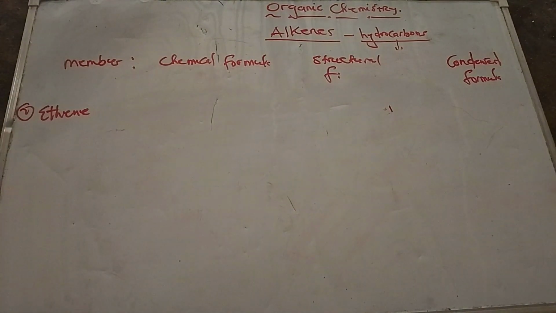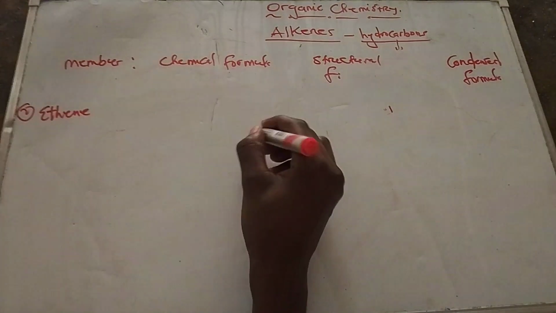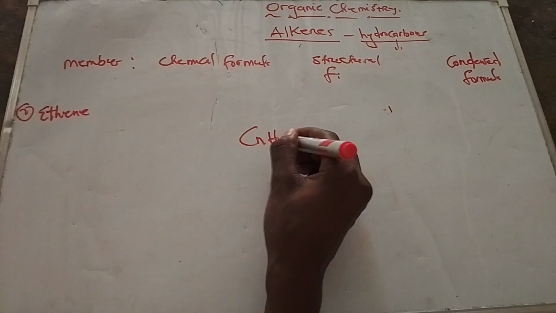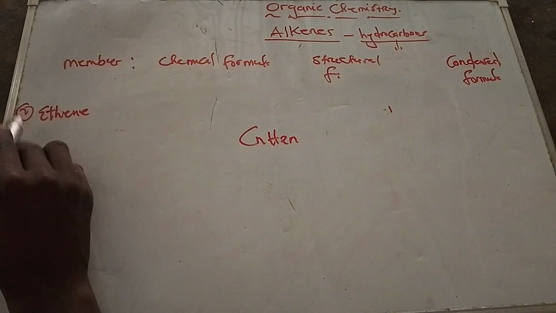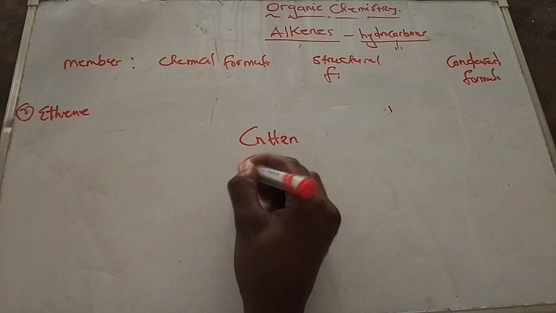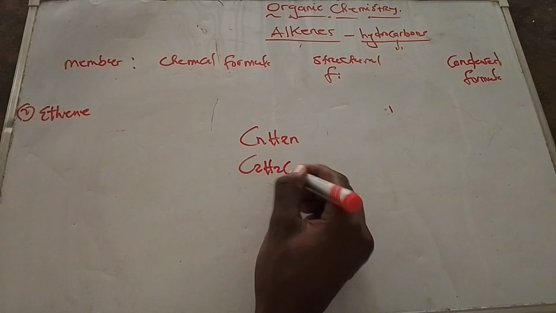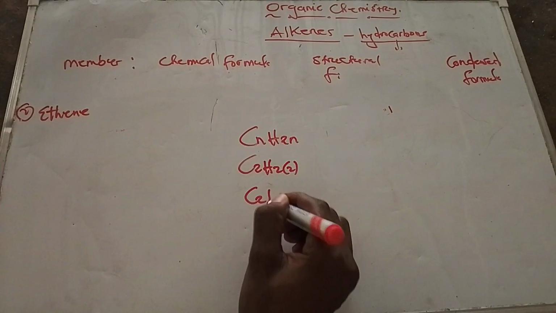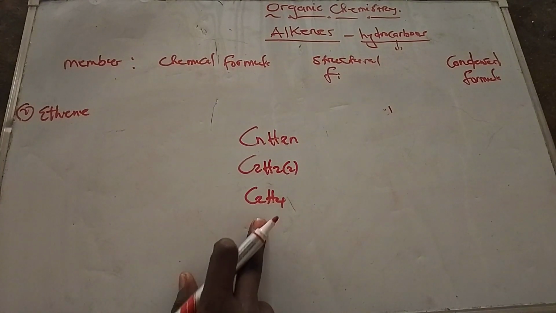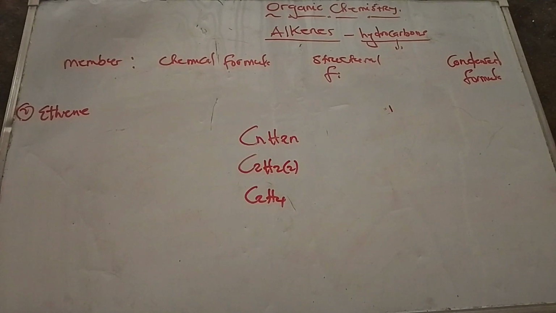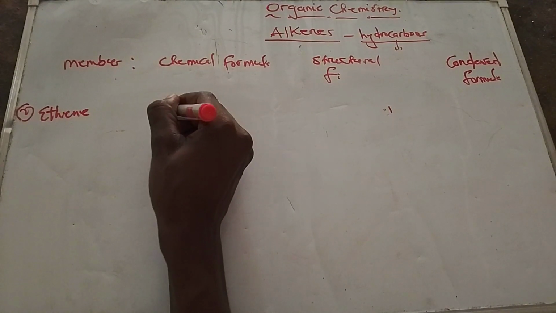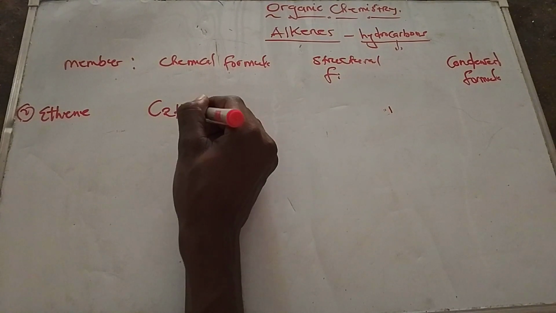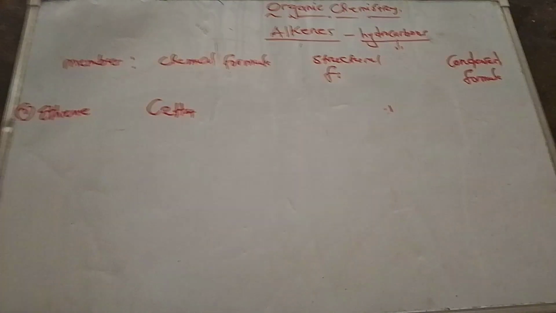Now for the chemical formula, we use the general formula CnH2n. Since this one is number 2, where there is n we put 2. So it will be C2H2 times 2, which gives C2H4. This is the molecular, the chemical formula for ethene.